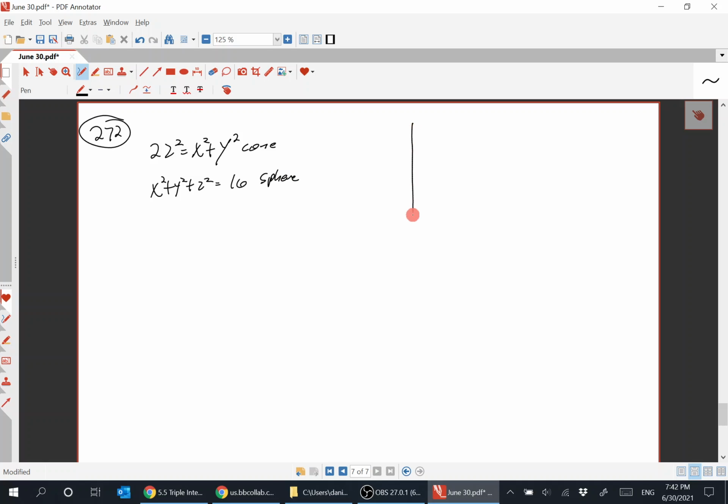So the region that we're looking at here, again, is this thing above the cone, so inside the cone, and below the sphere. So again, this snow cone region, although it's a little different this time.